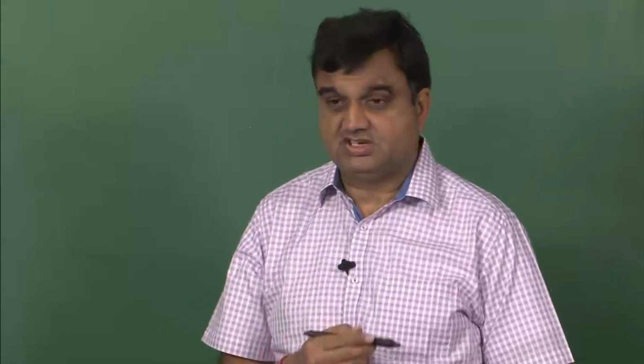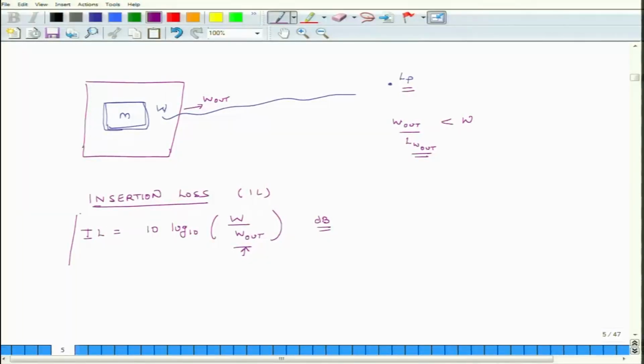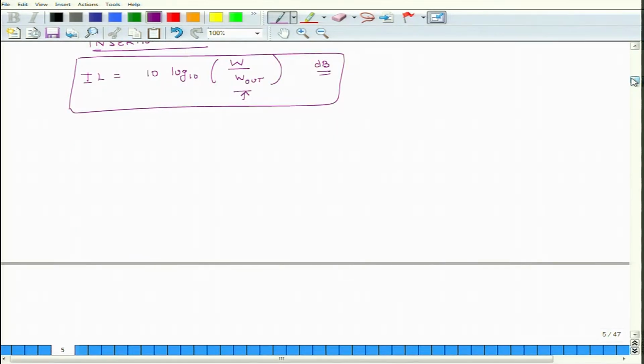So, the efficiency of an acoustical enclosure can be quantified by this parameter known as insertion loss. If you know the insertion loss of an enclosure, then you can very easily compute LW out. From LW out you can calculate LP. Now, we will also discuss how to find out this ratio, W divided by W out.